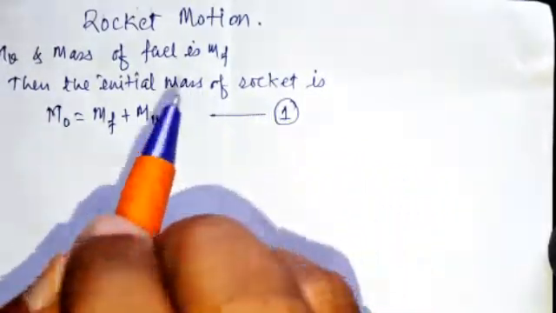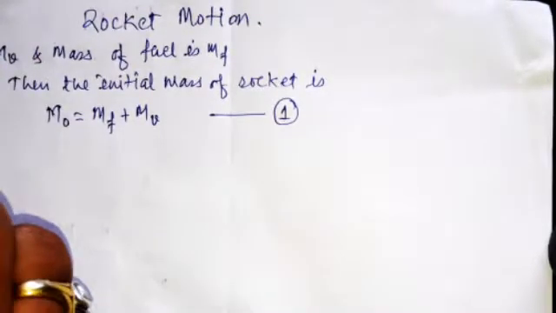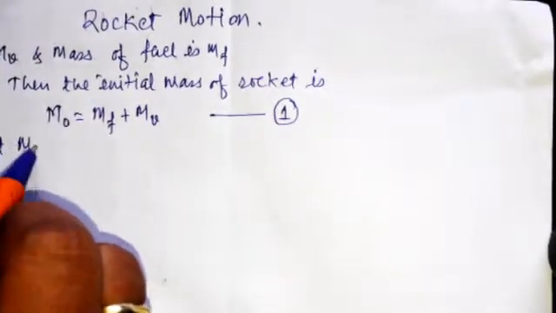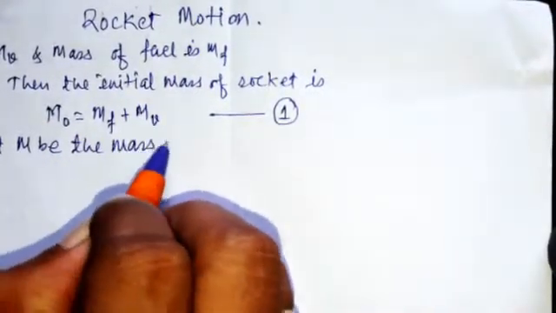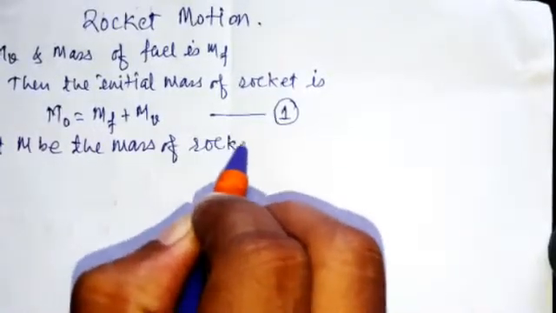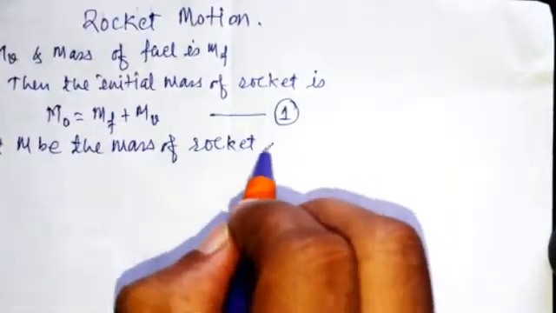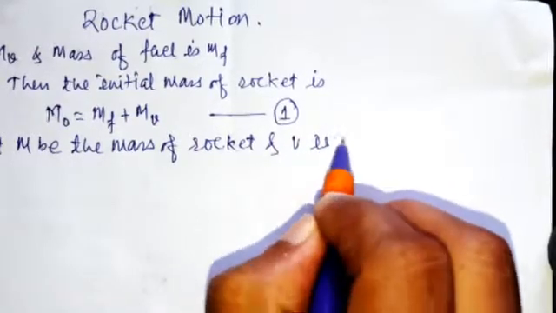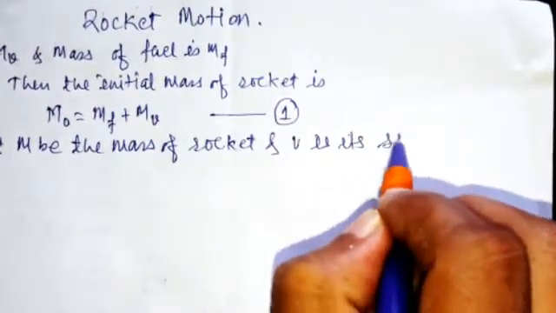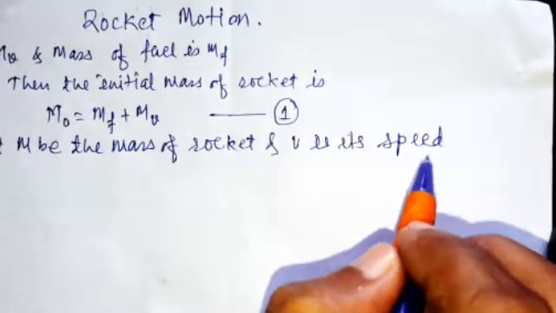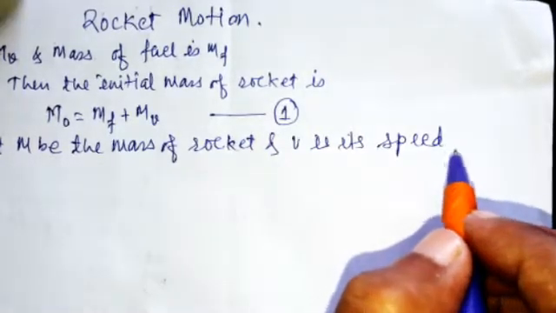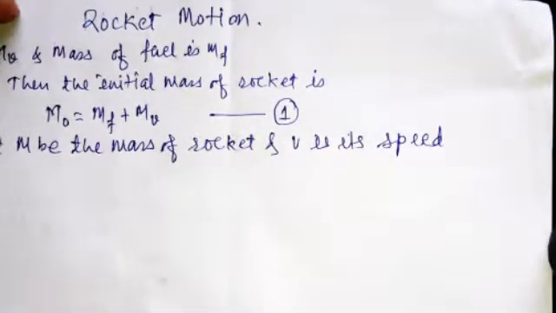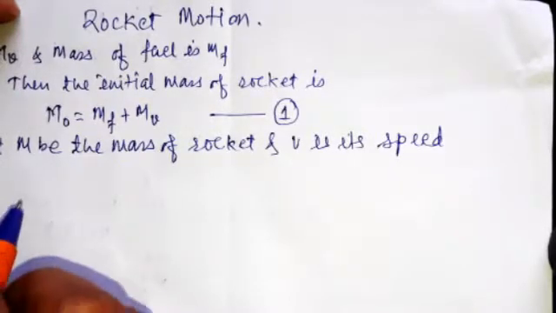Let m be the mass of the rocket and v is its speed at any instant of time observed from the earth. Here we can consider that the rocket moves in the x direction.